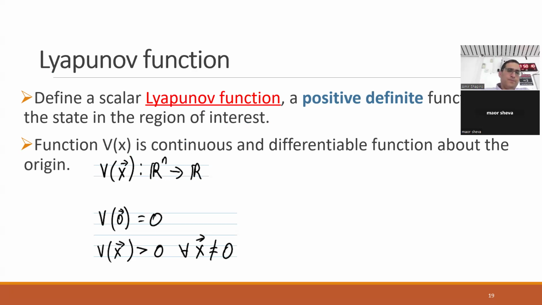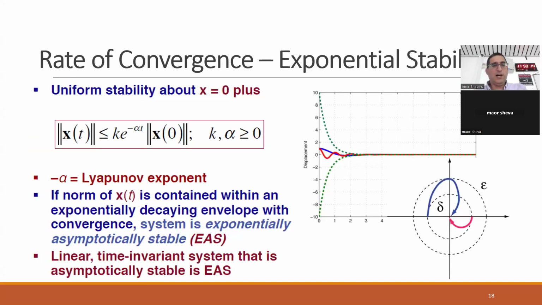So that up here was the definition of types of stability, and we talked about Lyapunov's first method using the linearized dynamical system.